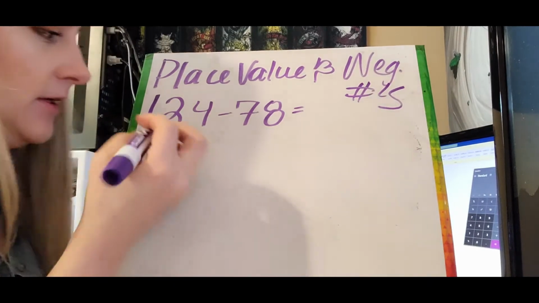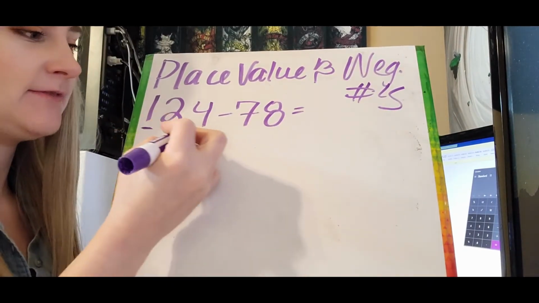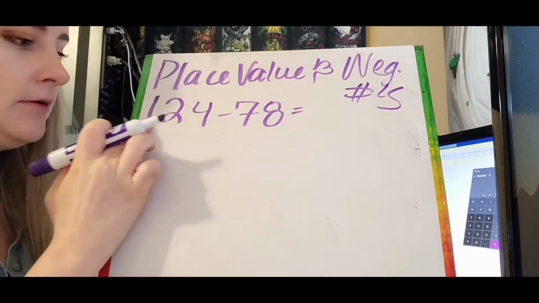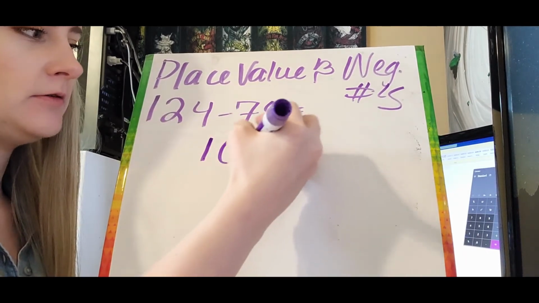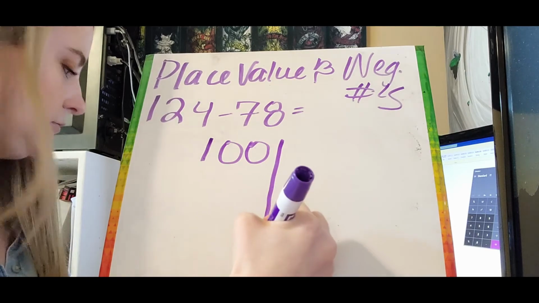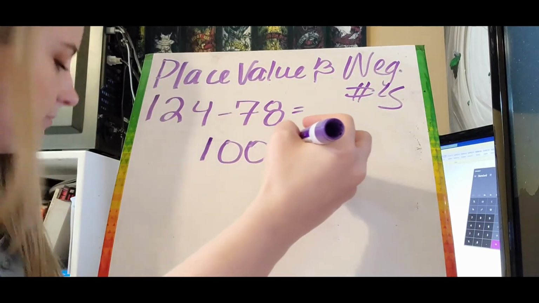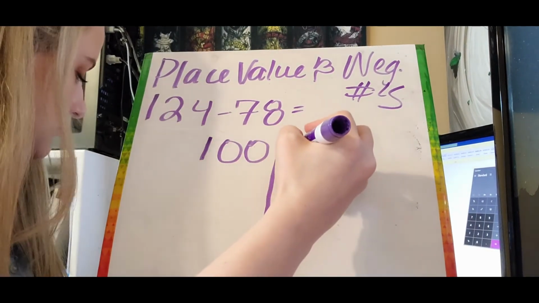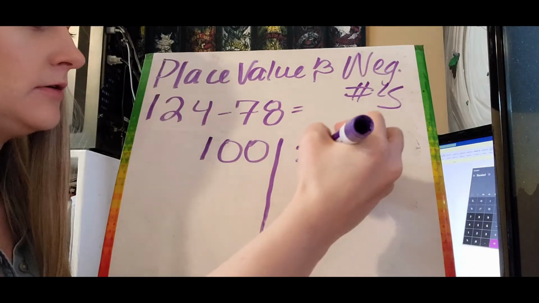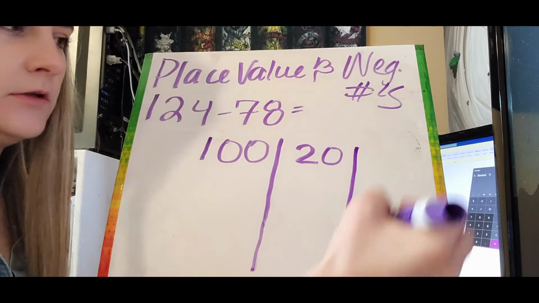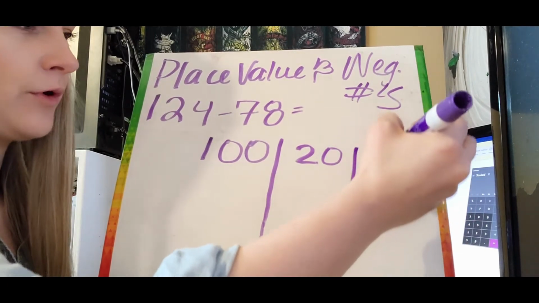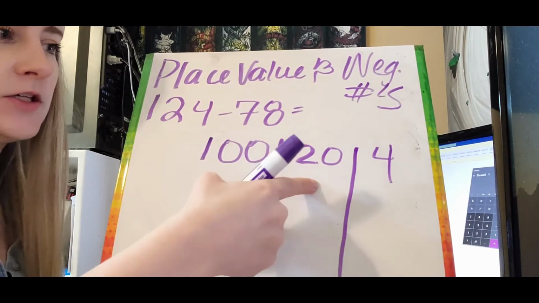So let's do that by the hundreds, tens, and ones place. Okay. So let's do 100 here. And let's see, 20 here. It's 124. And then we'll do 4, 1. So it's 100, 20, and 4.